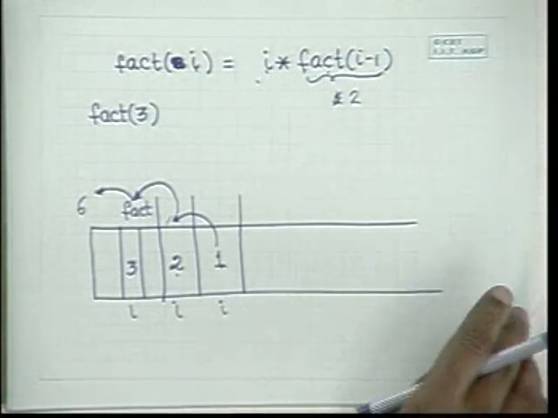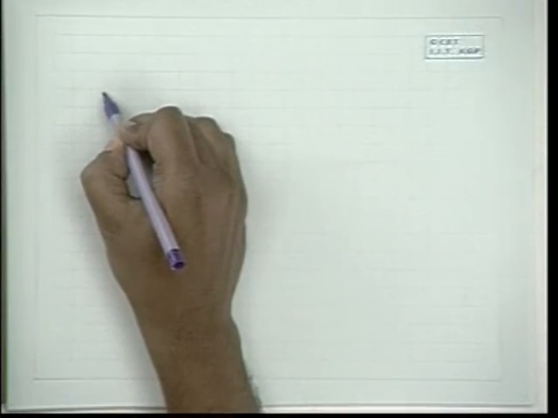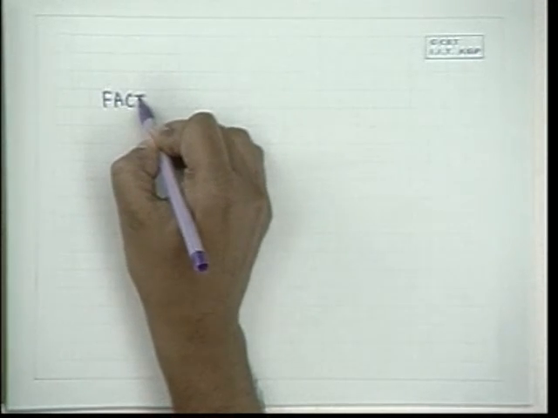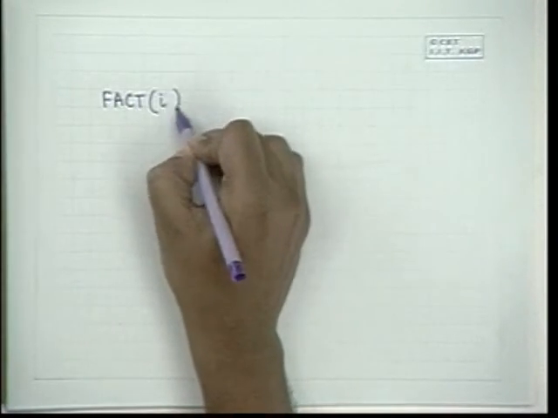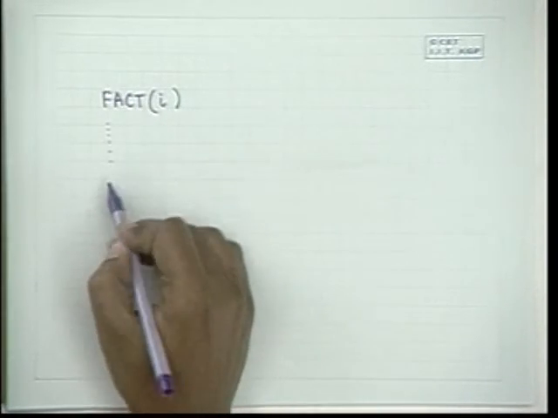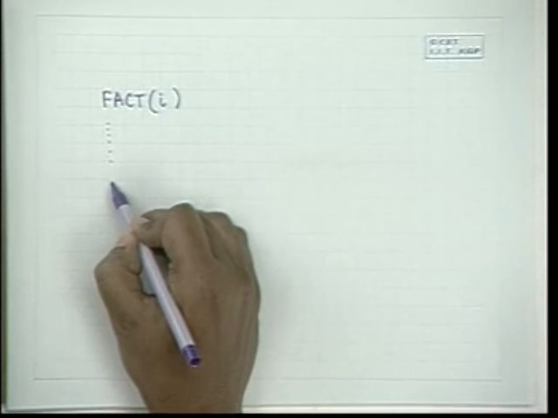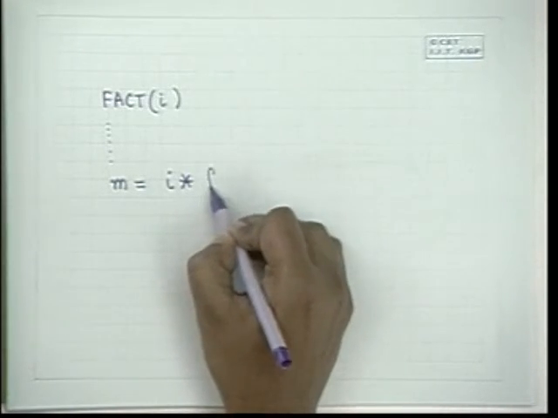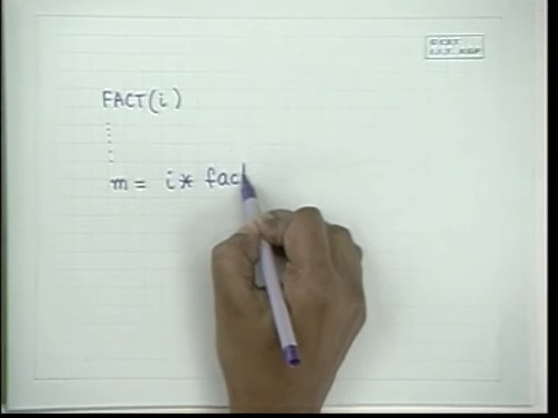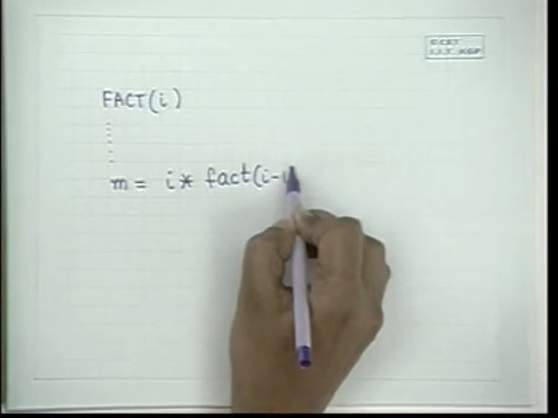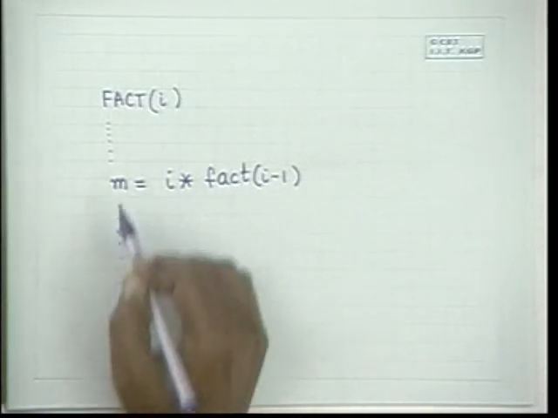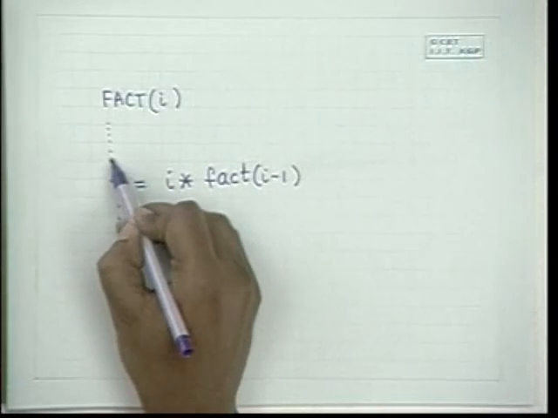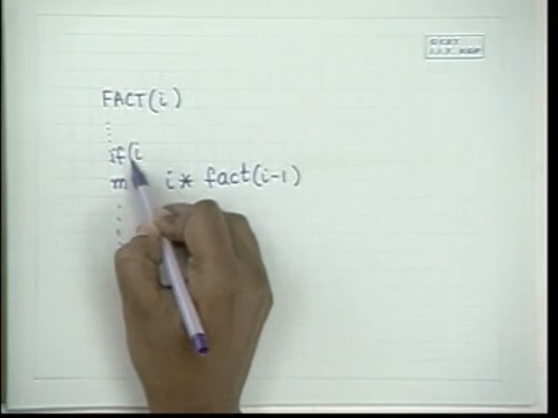So what happens when a program is called is that you have got the fact program which in some place says m is equal to I star fact I minus 1, if I is greater than 1.